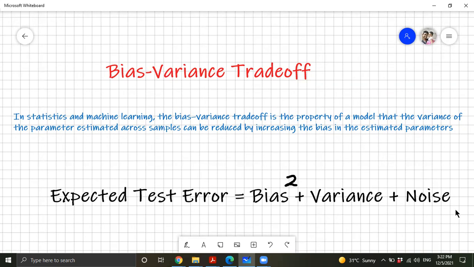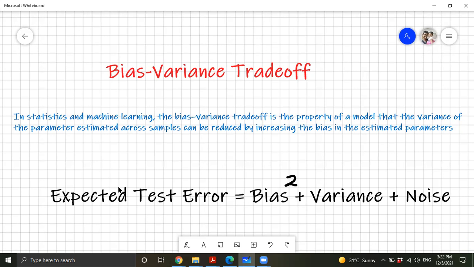So basically what we need is a model which will minimize the test error. That means it should fit in a good way, whether in training or testing, so that there will be low error.